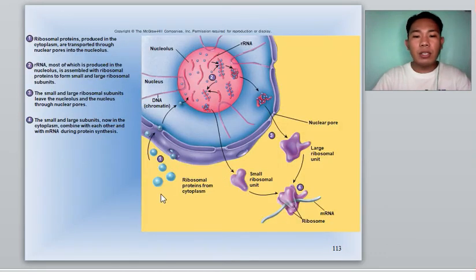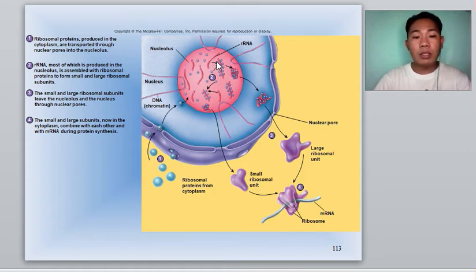This illustration gives us an idea of the process of the production of ribosomes. So here, the ribosomal proteins, produced actually in our cytoplasm, are transported through the nuclear pore of the nucleus and going to the nucleolus.